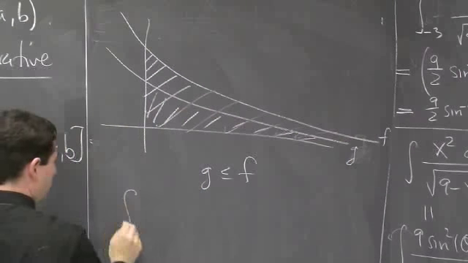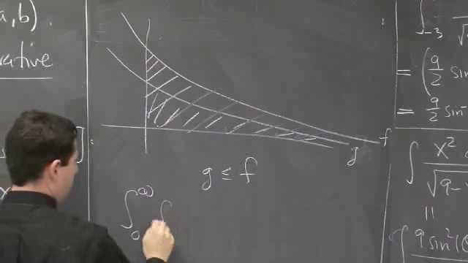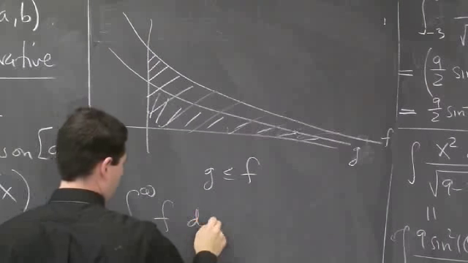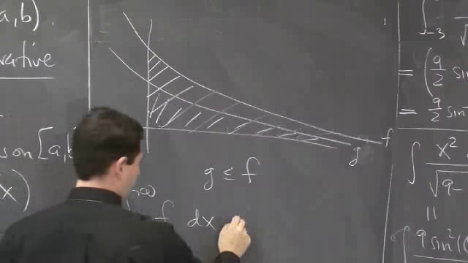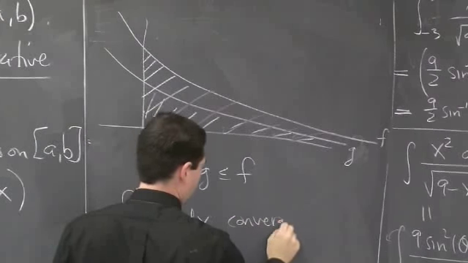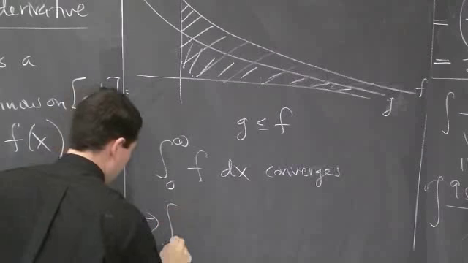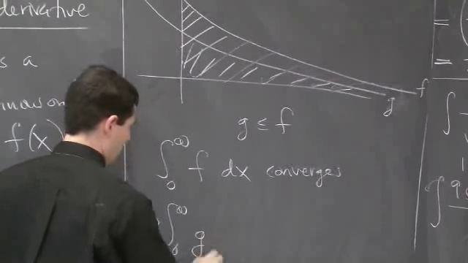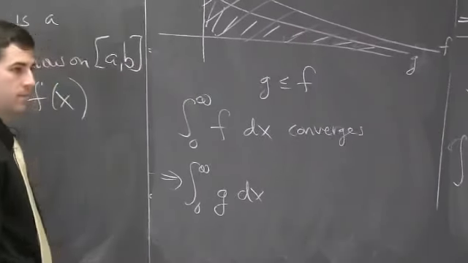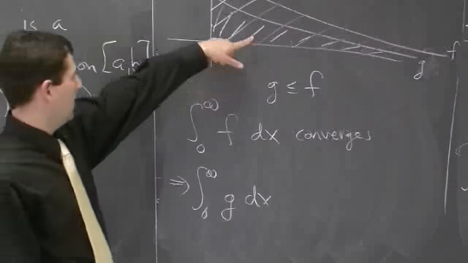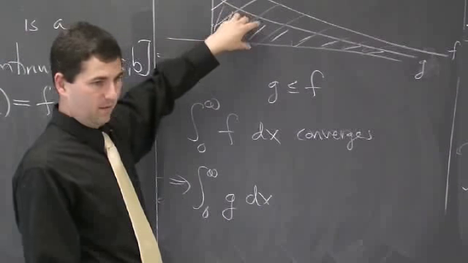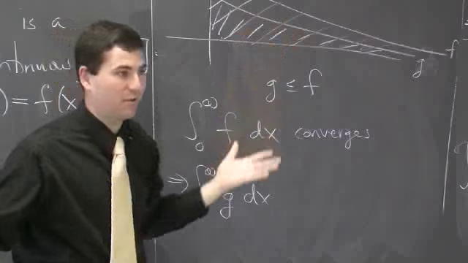And assume that, say, from 0 to infinity, this thing converges. What can I conclude about the integral from 0 to infinity of g? It's got to converge, right? If something has less area than something which has finite area, then it must also have finite area.